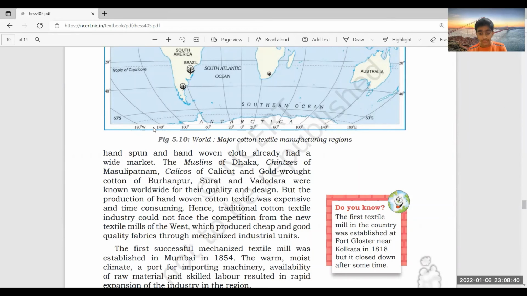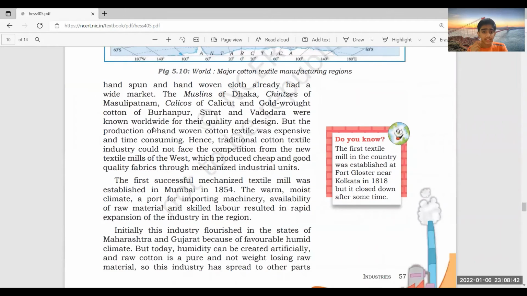Okay, in terms of textiles, the first successful mechanized textile mill was established in Mumbai in 1854. Again, why? What conditions does it need? Warm climate, as we discussed in the agriculture chapter. A port for importing machinery and for exports and imports, international trading. They have to do trading, right?